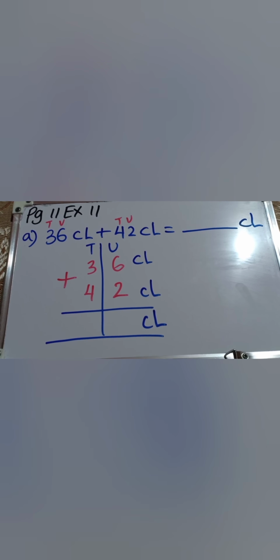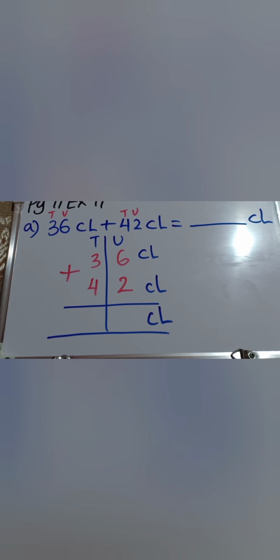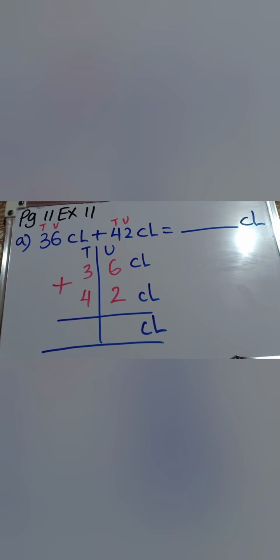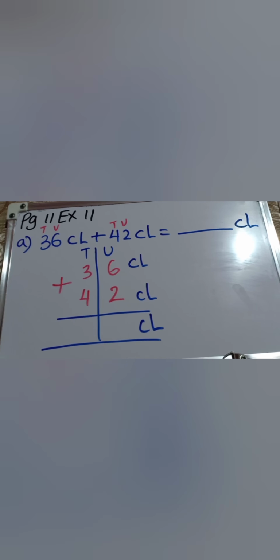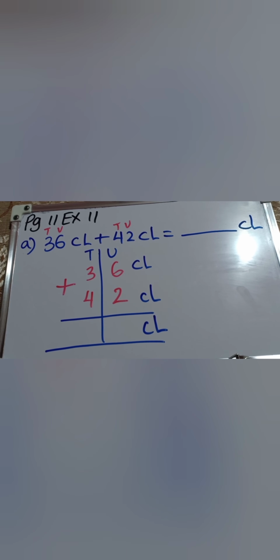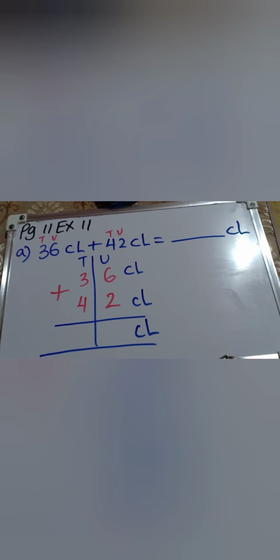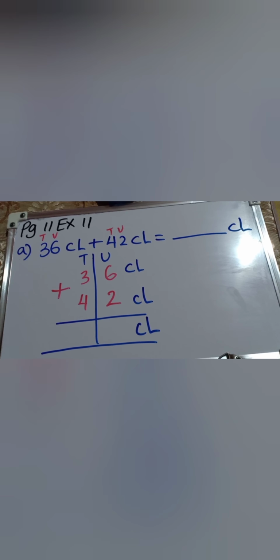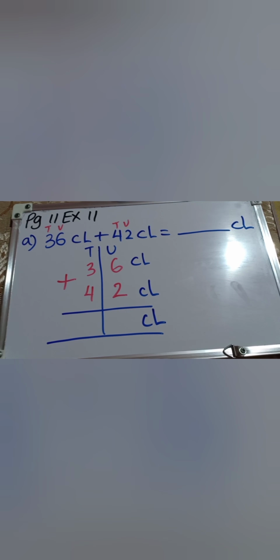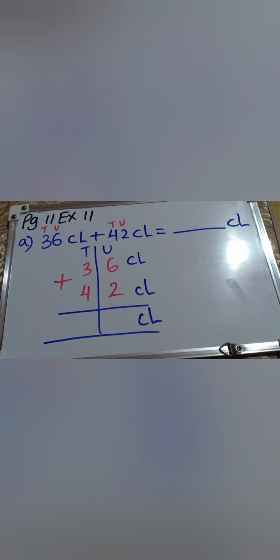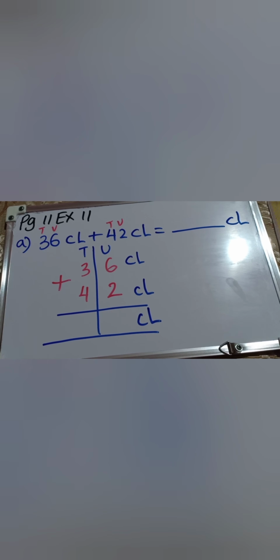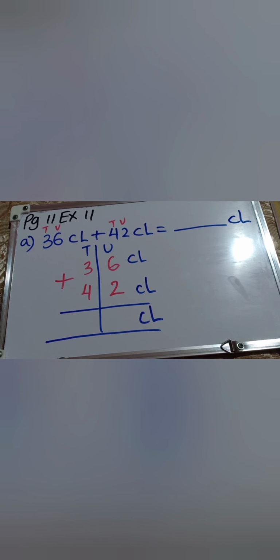Starting with the units column, work it out by yourself, and then you're going to see whether your answer matches mine. 6 plus 2, you draw the sticks, and for the tenths column, 3 plus 4, you draw the sticks.